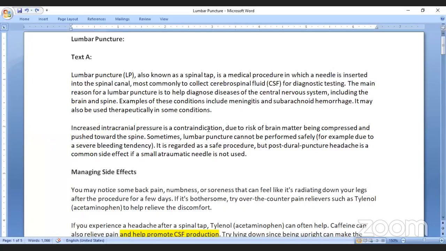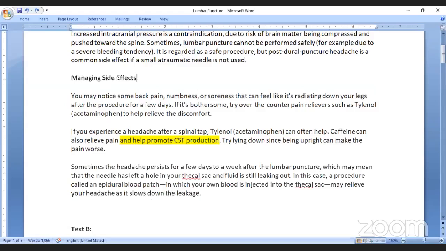If you remember, yesterday first we need to do skimming and scanning. Most of you have done this, so it is very easy. The topic of this sample is lumbar puncture. In text A, they are talking in general about what lumbar puncture is, the reasons for it, why we do it, the examples, the contraindications, and how we manage the side effects.